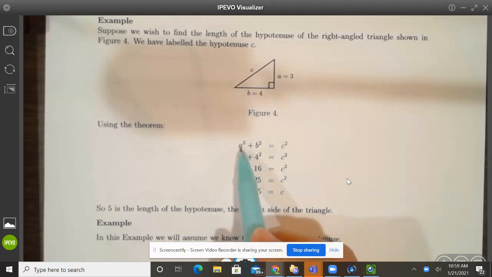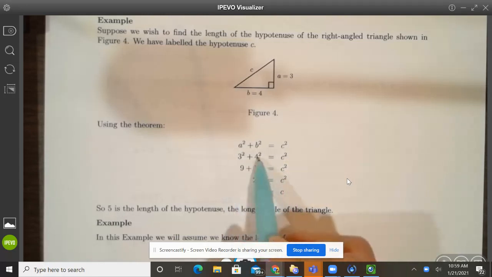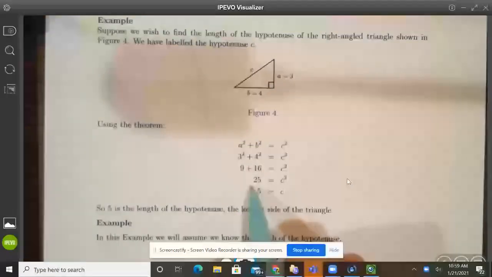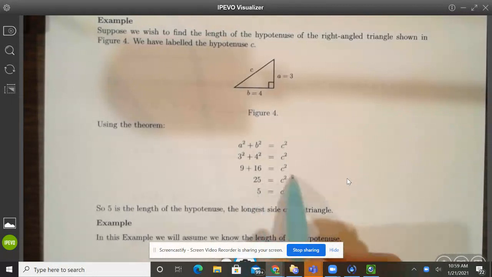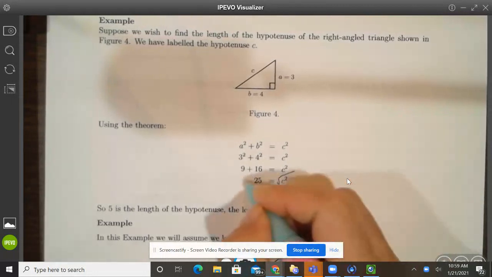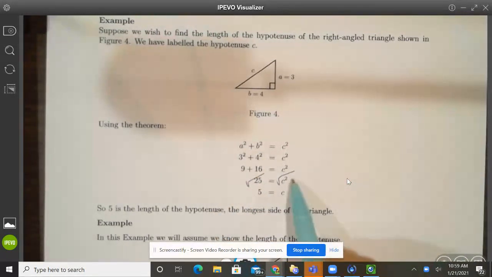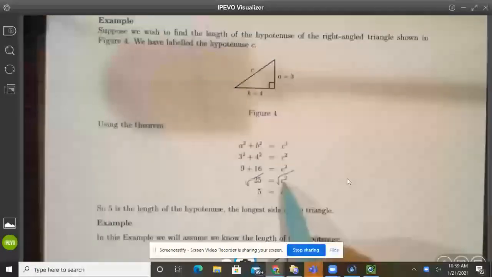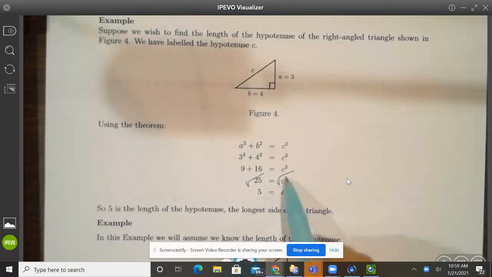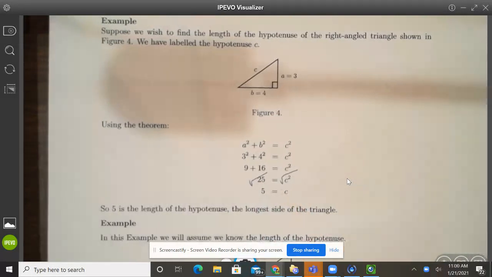So a squared plus b squared equals c squared. a squared is 9, b squared is 16, so that plus that. Then you remember to undo the square, you have to take the square root, and the square root of 25 is 5, and that's all you're doing here, pretty much.